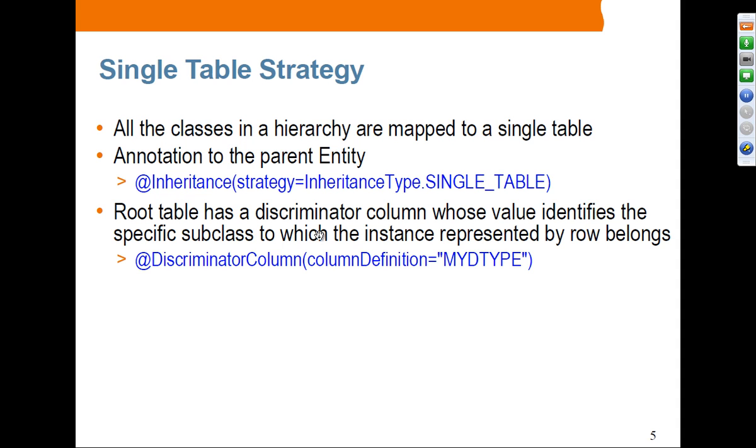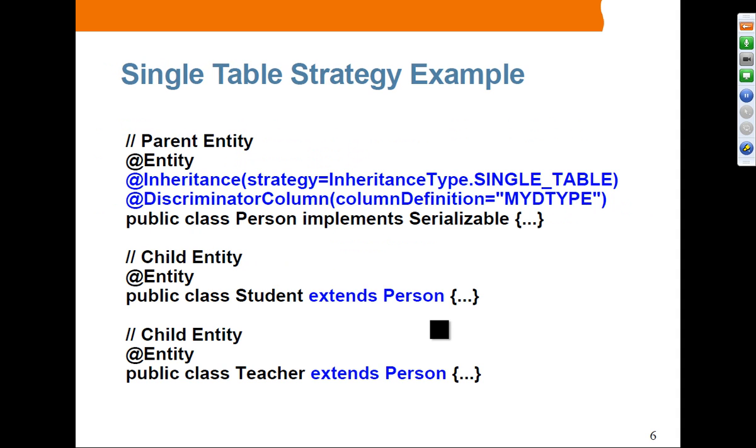The root table has a discriminator column whose value identifies the specific subclass to which the instance represented by the row belongs. If you want a different column name, you use the DiscriminatorColumn annotation. Otherwise, it's going to use DTYPE as the default discriminator column name.